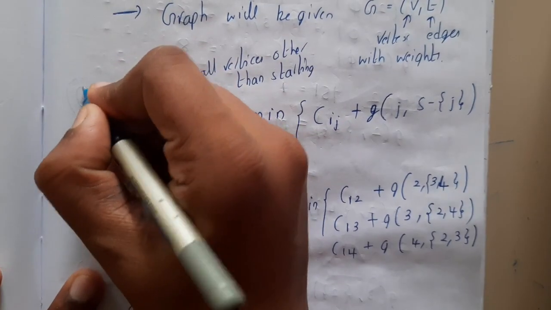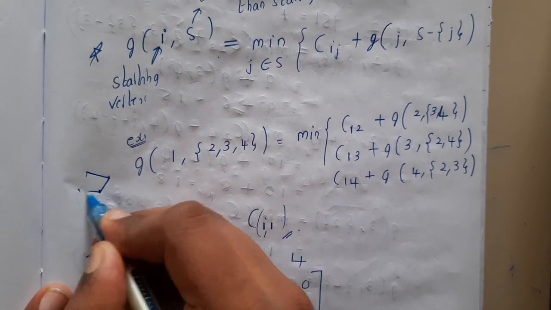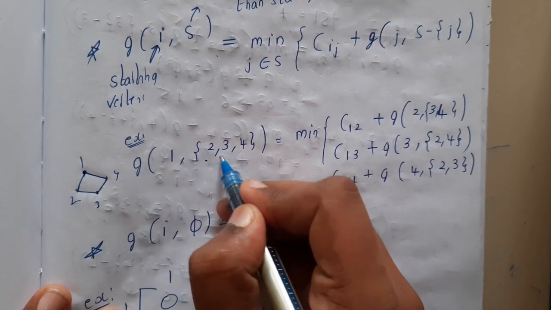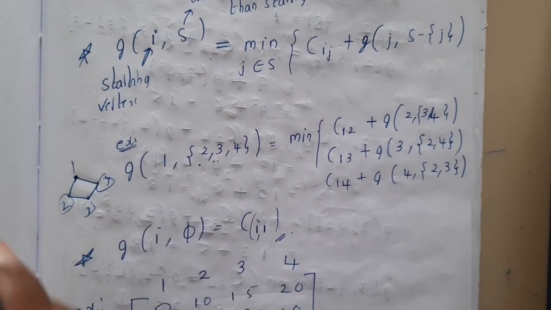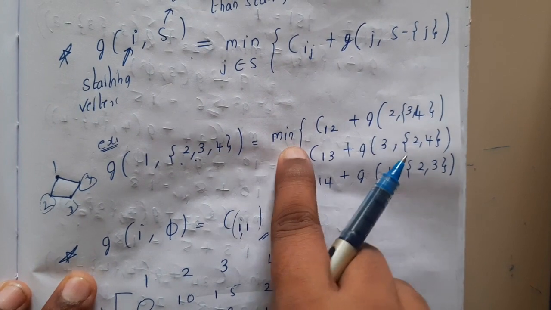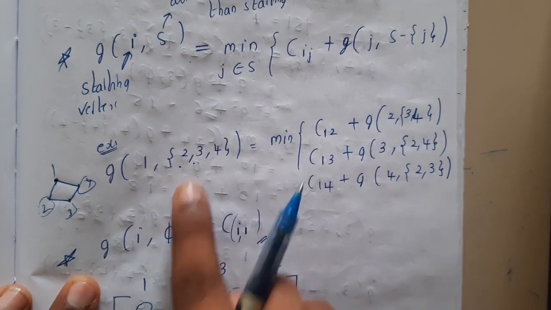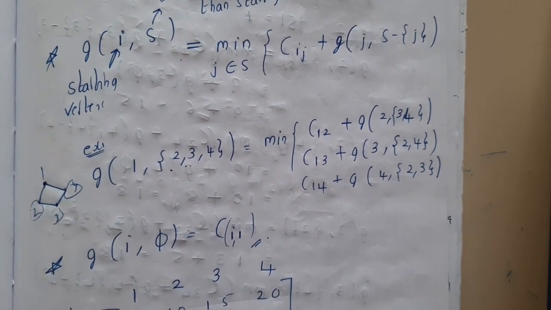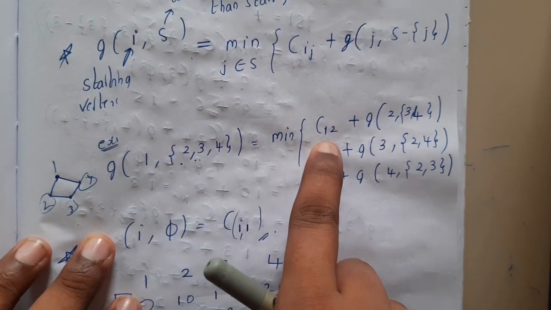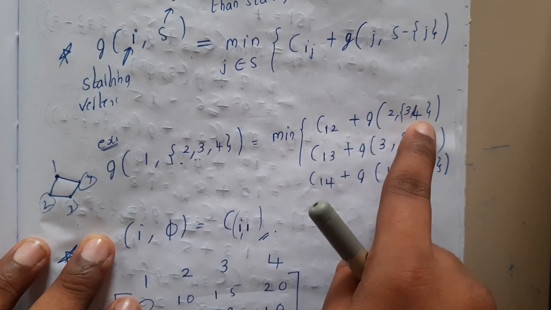Assume we have a graph with 4 vertices: 1, 2, 3, 4. Assume you are starting at 1, so all the rest of the vertices will be located in this set S. The value of this is equal to the minimum of: if you take the cost c1 to 2, that is c12, you remove this element from the set, that is g of 2 comma {3, 4}.